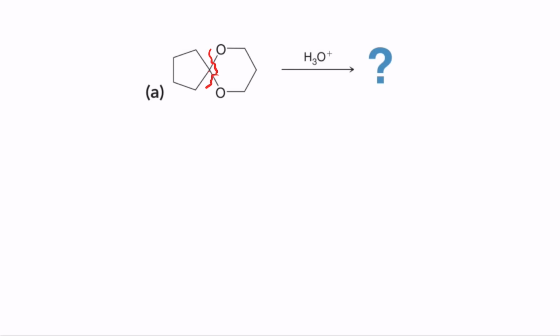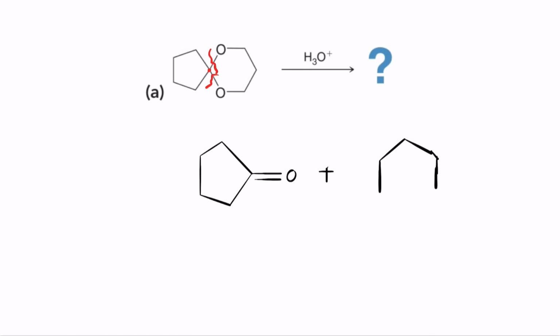The carbon where it is breaking will undergo ketone formation. So you get a ketone plus the acetal part, which is this part with oxygens.